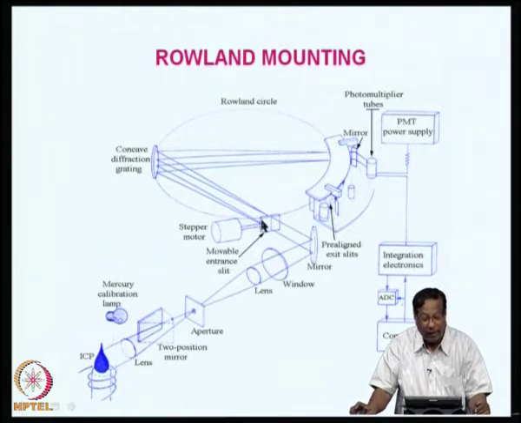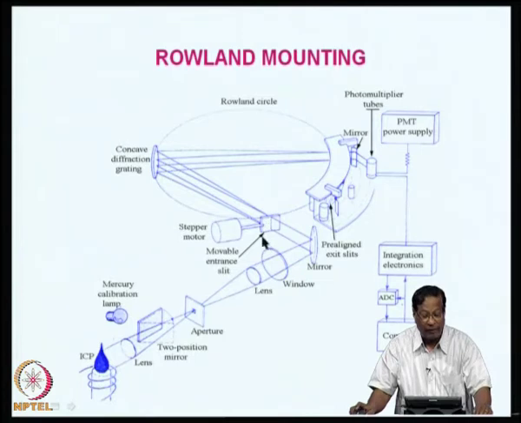So, there are 3 or 4 variations. One is the window, another is the mirror, another is the photomultiplier tube.